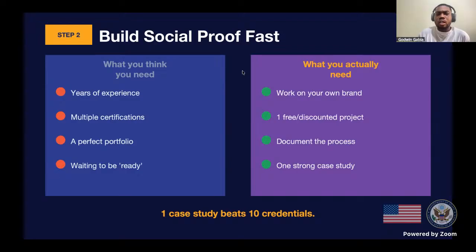Then another thing is you can do a free or discounted project. And this works a lot, especially if you have people around you who qualify to be your ICP, your ideal client profile. They meet that or they are your ideal clients. So maybe your friends, your family members, people on your contact list who you know have businesses.